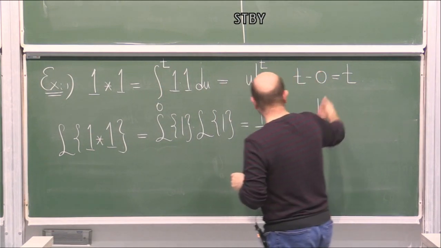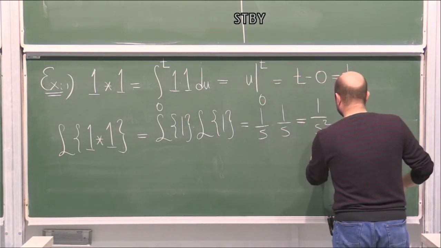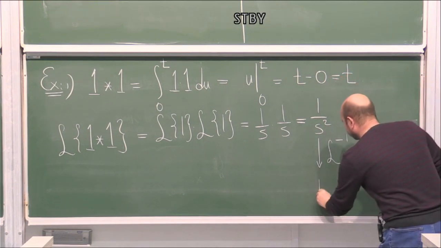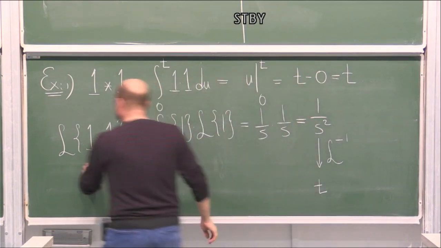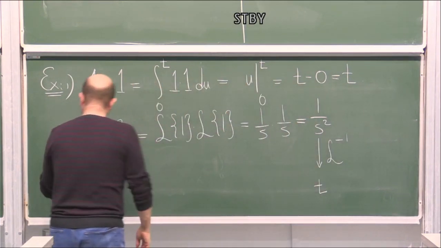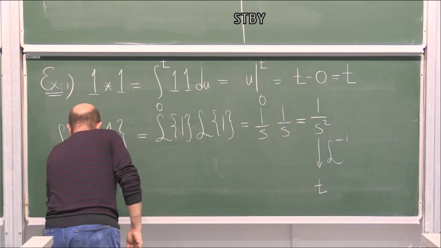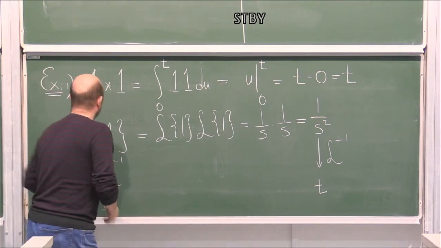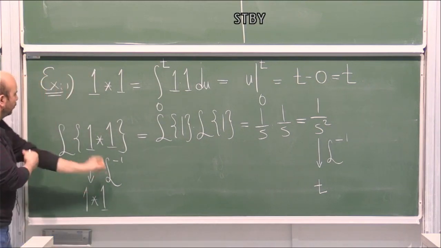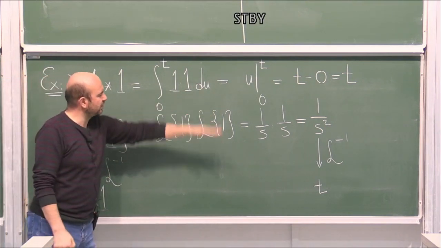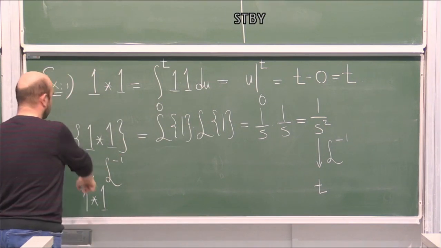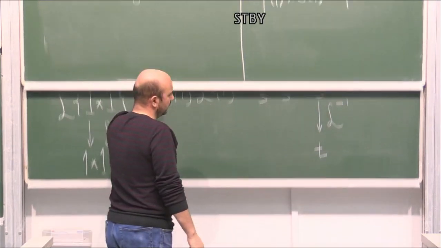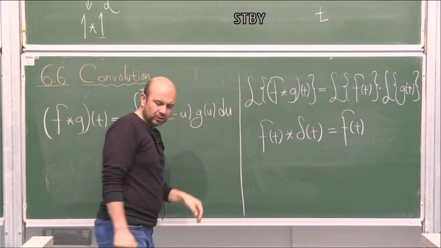I know that if you apply L inverse to 1 over s squared, then we get t. If you apply L inverse to the other side, then we get 1 star 1. So if you apply L inverse to both sides, 1 star 1 must be t, which is the convolution of 1 with 1. Okay? So actually you can do more.